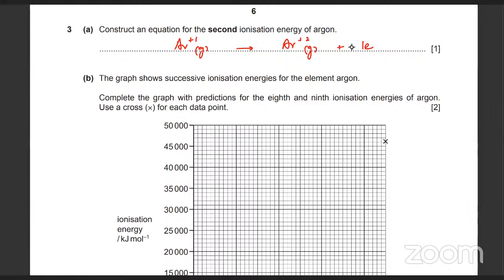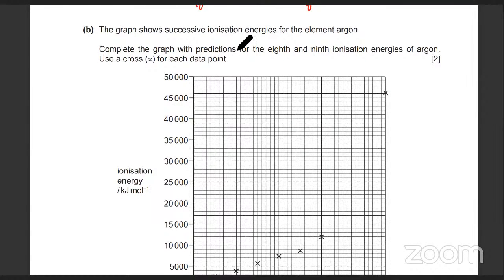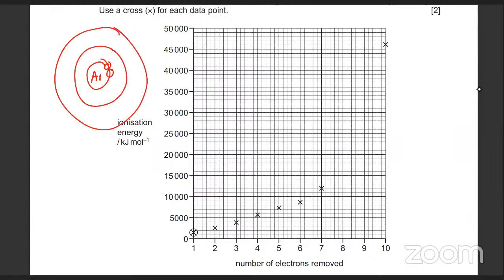Now the graph shows successive ionization energies of the element argon. Complete the graph. Which prediction of the 8th and 9th energies of argon, use a cross for each data point. So what's going to happen is argon has a complete outer shell, 18 electrons. So it's got 2 electrons, and then it's got 8 and another 8. The first 8 ionization energies are going to be low.